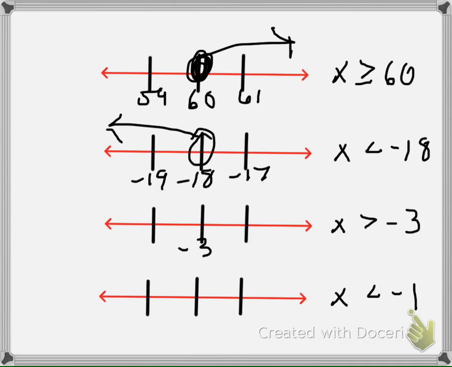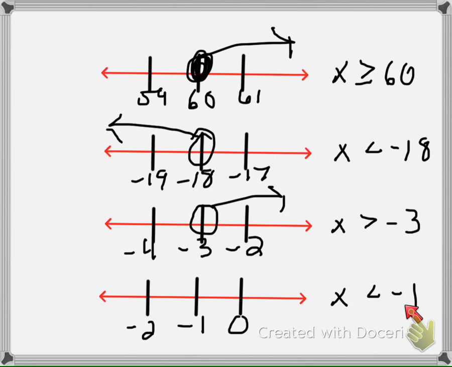-3, -4, -2. This reads x is greater than -3. Okay, -2, -1, and 0.